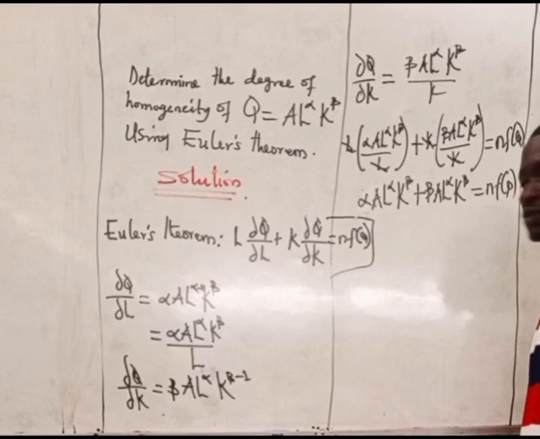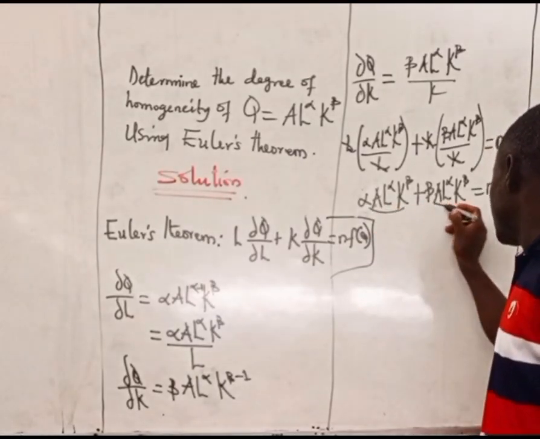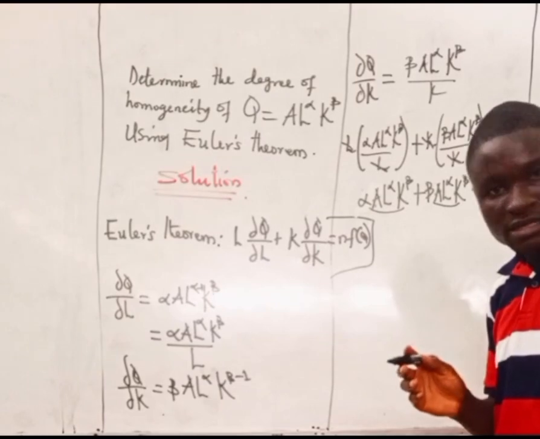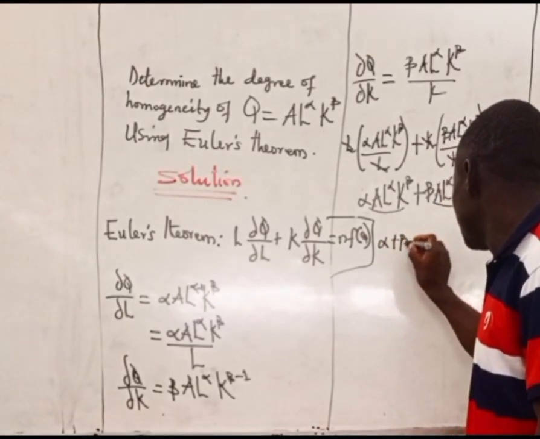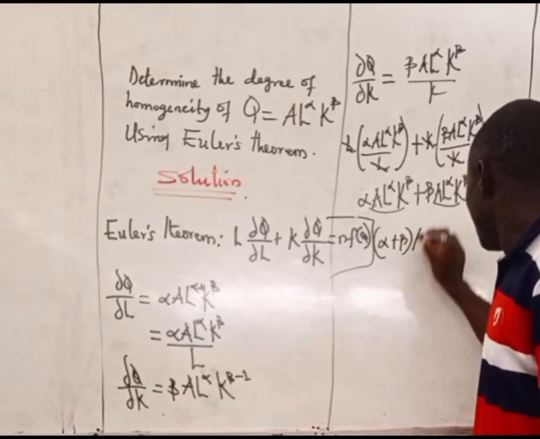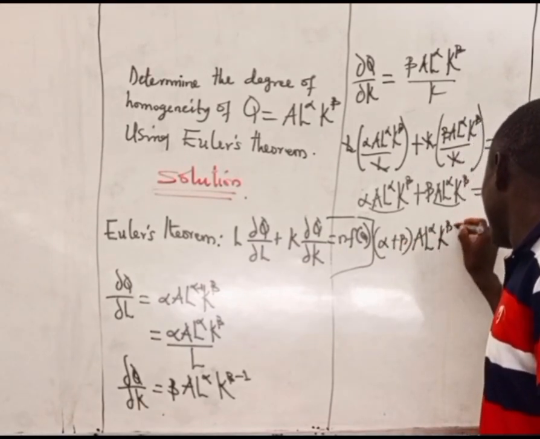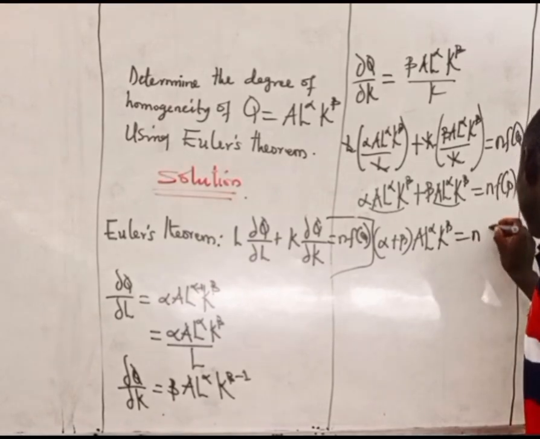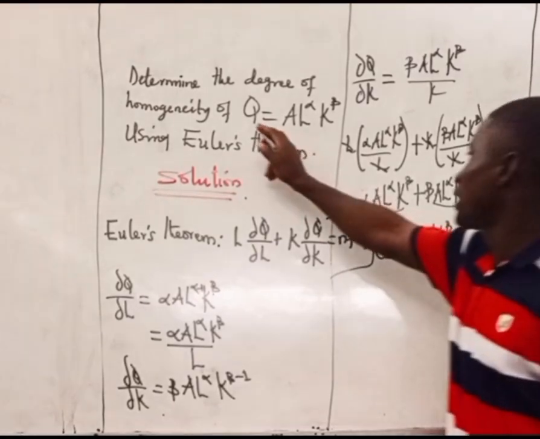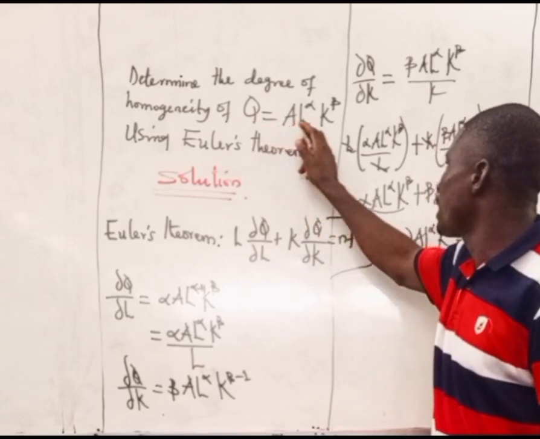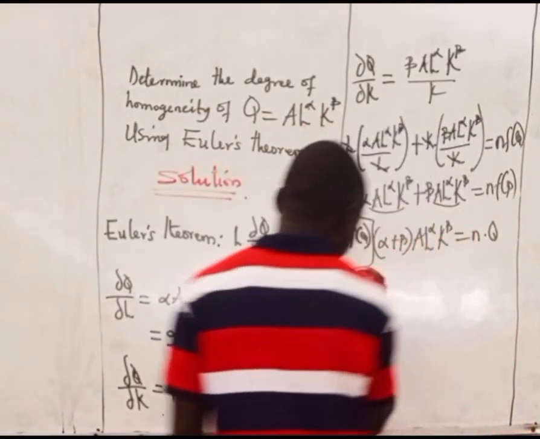Good. So if you look at this critically, you see that something is common here. You have to factorize it out. Now what we're going to do is alpha plus beta times A L^alpha K^beta equals n times Q. If you look at the question here, our Q equals A L^alpha K^beta.